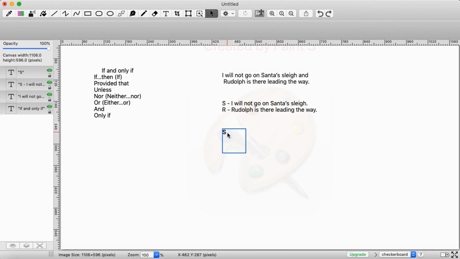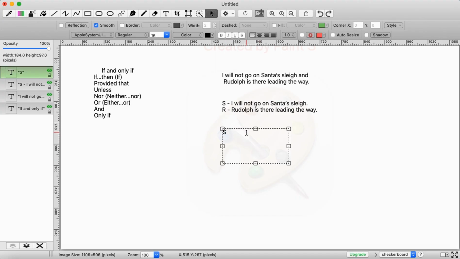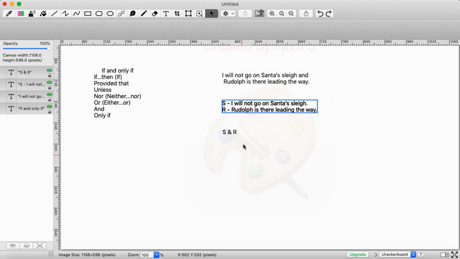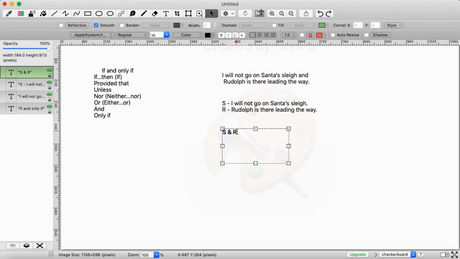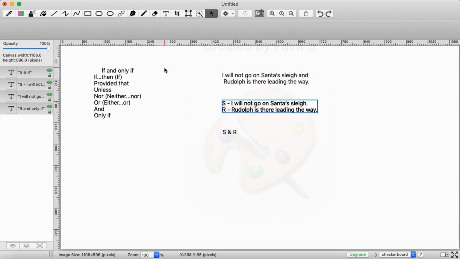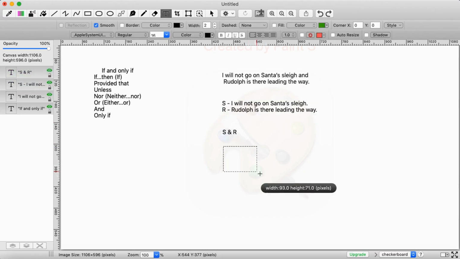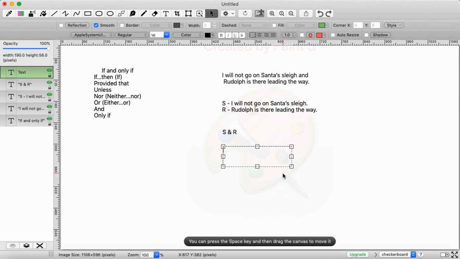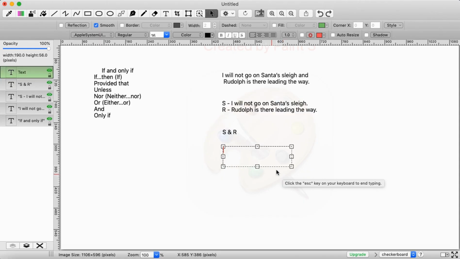So we have S and R. They both have to be true. Let's do a fun one, and you'll see this in another video that I make. I'm not going to focus on this very much, or if I do, it'll be very short. It's just basically making stuff.